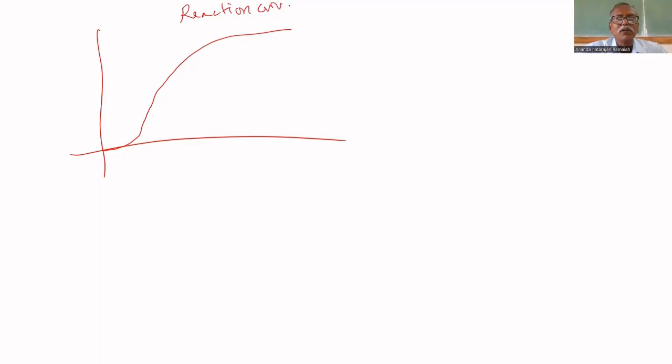You got the reaction curve, between time and percentage level.